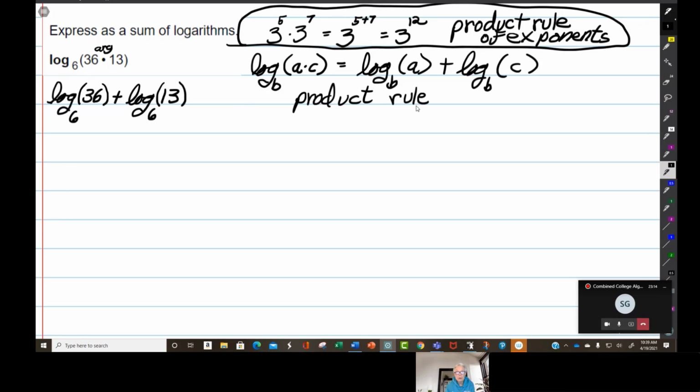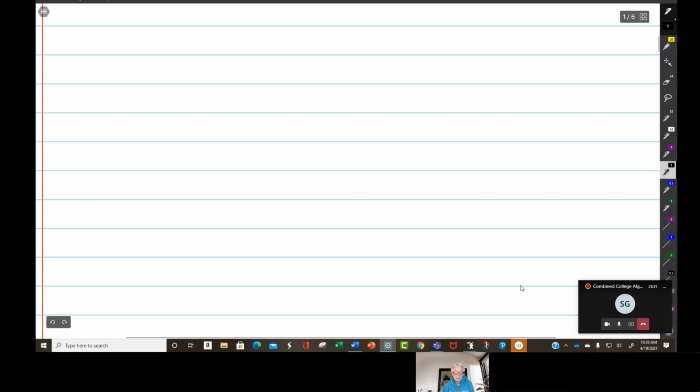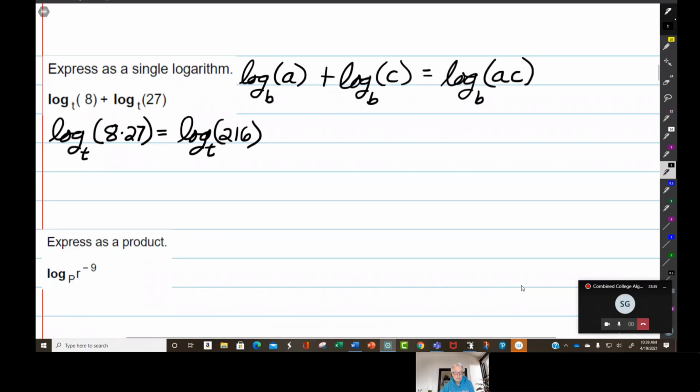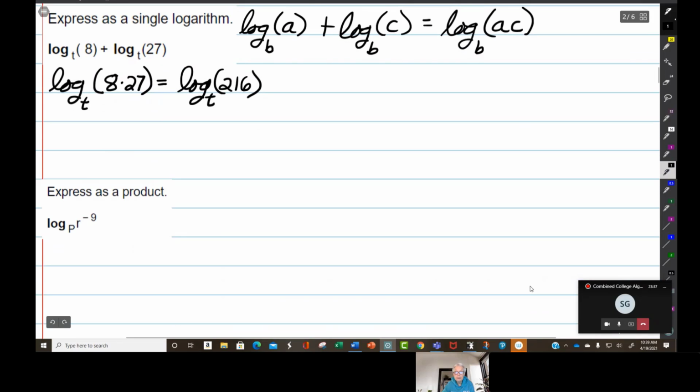This is the product rule of logarithms. So is this, so I guess I should write that down.